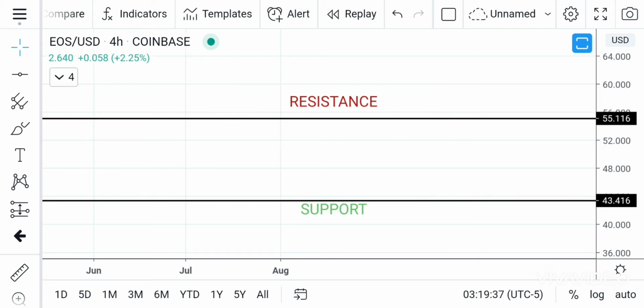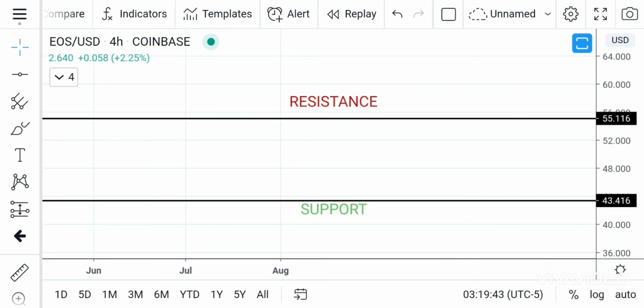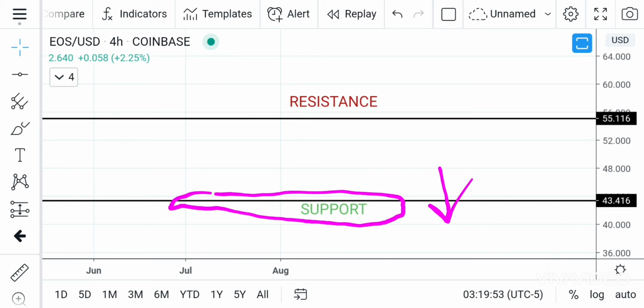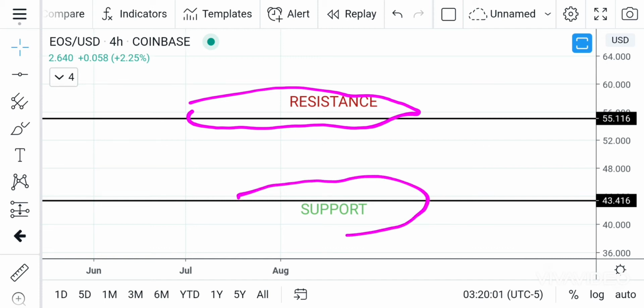As you can see, this black line at the top of this place is my resistance over here, and support is an area on your chart that does not allow price to pass through it easily. So we have selling pressure around the resistance and buying pressure around the support.